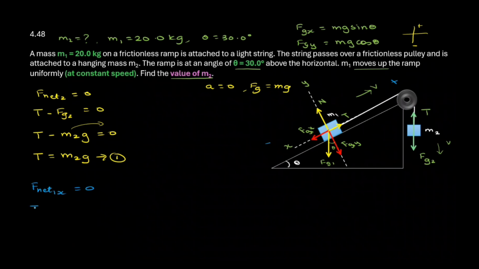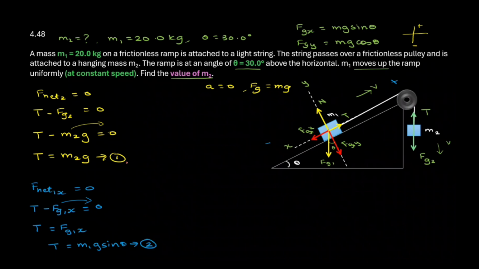So we write T minus Fg1x equal to 0. That gives me T equal to Fg1x when we move Fg1x to the other side. Fg1x is equal to mg sine theta, so we write T equal to m1g sine theta. We will call this equation 2.